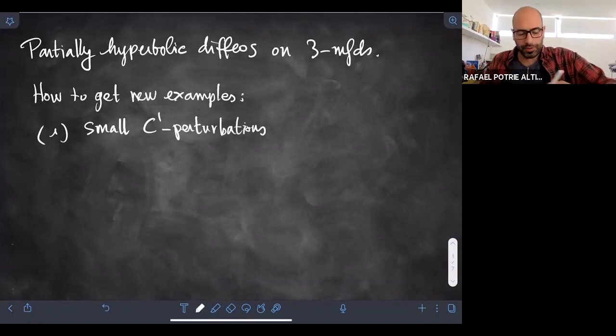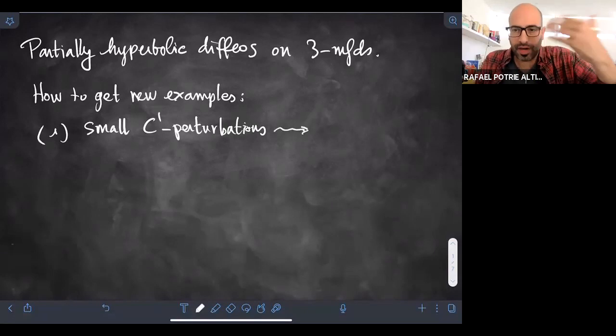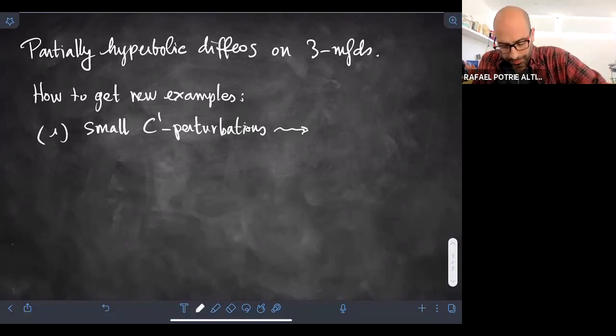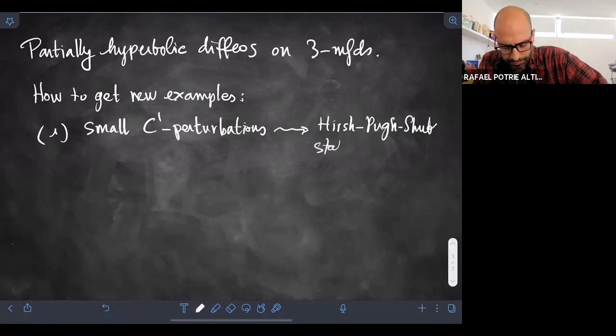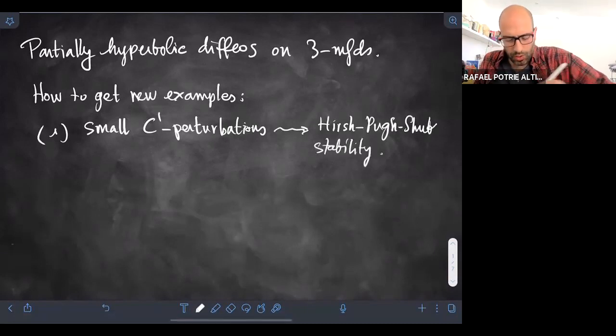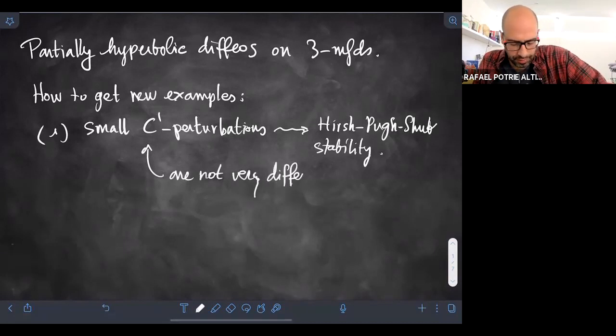Thanks to the structural stability of partially hyperbolic systems, known as Hirsch-Pugh-Shub stability, these perturbations are not very different topologically.